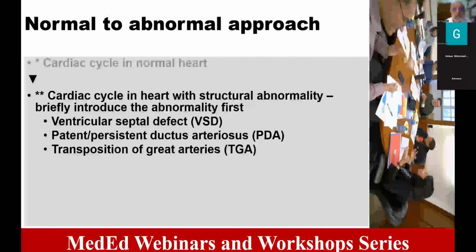Now we give a situation where a patient has a ventricular septal defect. So students now have to apply their knowledge of the normal cardiac cycle in a situation where a patient has a ventricular septal defect.